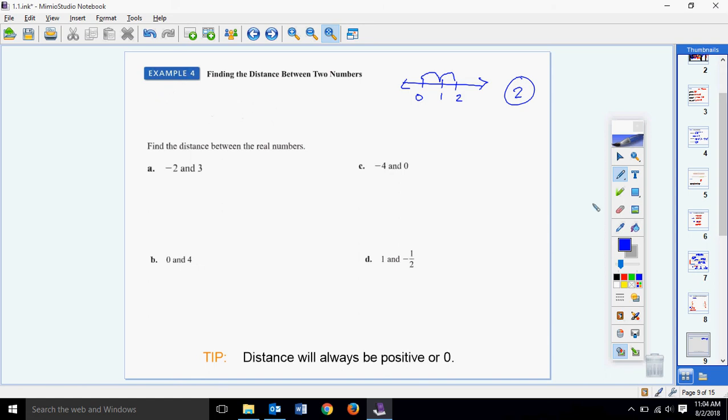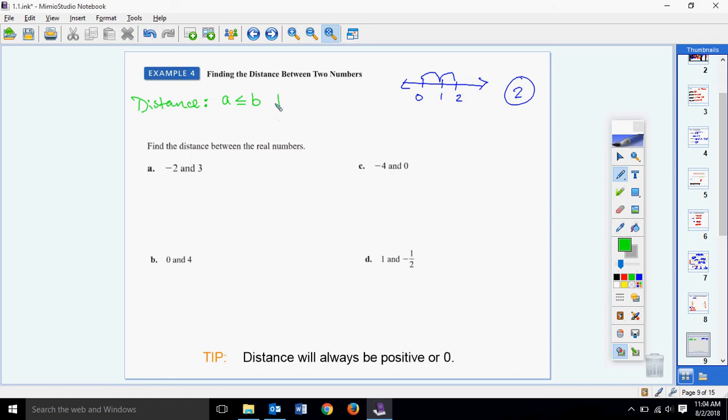So I want you to use this rule. Anytime you find the distance between two numbers, let's just call them A and B, using our same notation, say that A is less than or equal to B. So that means B is the bigger number.